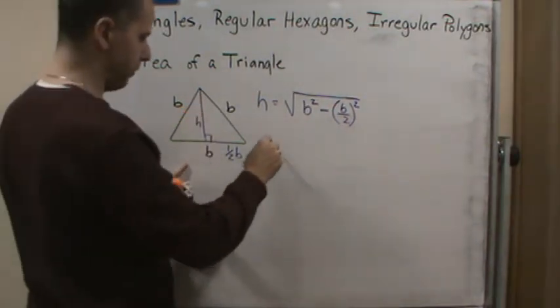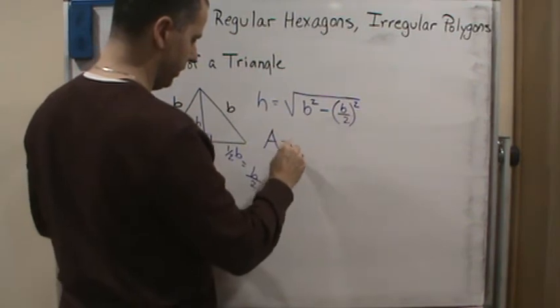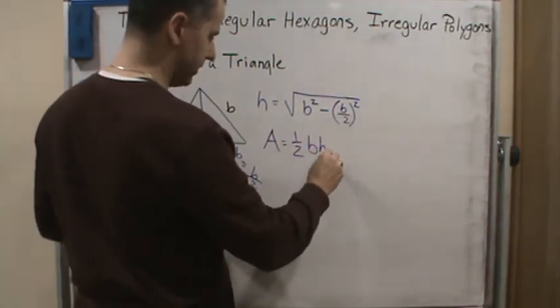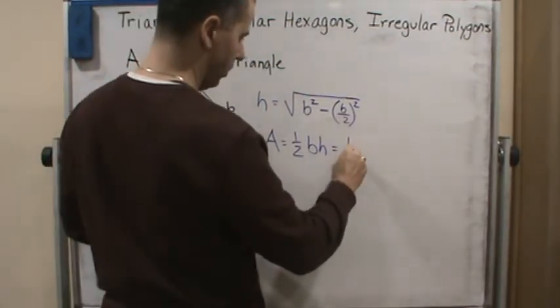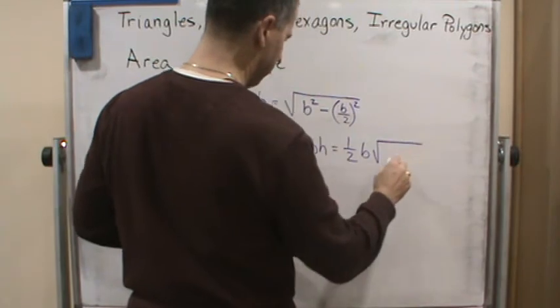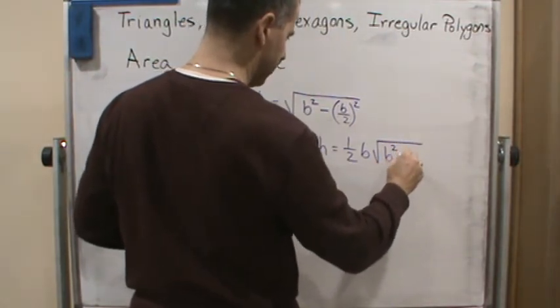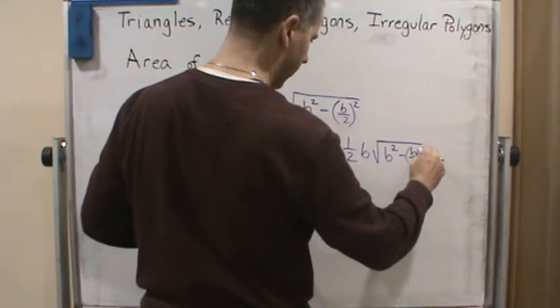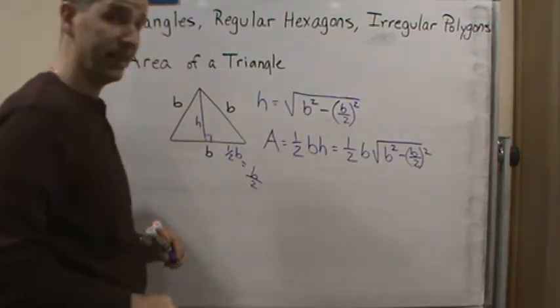Now I'm going to stick h into the formula. 1/2 base times height now becomes 1/2 base times the square root of b squared minus b divided by 2 quantity squared. Okay, so now let's simplify this.